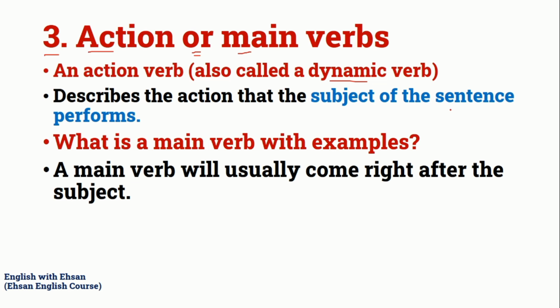What is a main verb, with an example? A main verb will usually come right after the subject. And we will talk about this in detail, with some examples here.